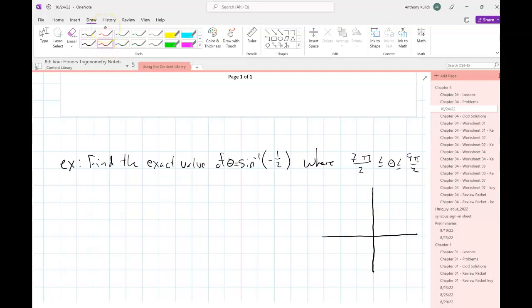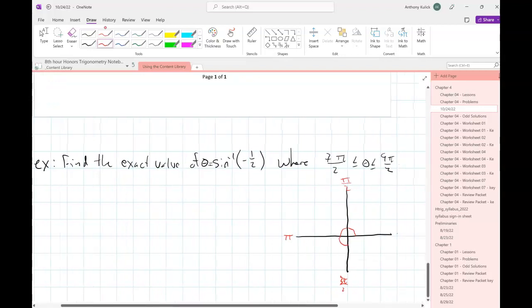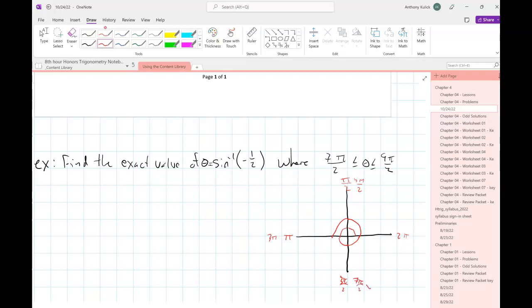So let's see, this is pi over 2. And then we're down to pi, and then to 3 pi over 2, and then to 2 pi, and then to 5 pi over 2, and then to 3 pi, and then to 7 pi over 2, and then to 4 pi, and then to 9 pi over 2.